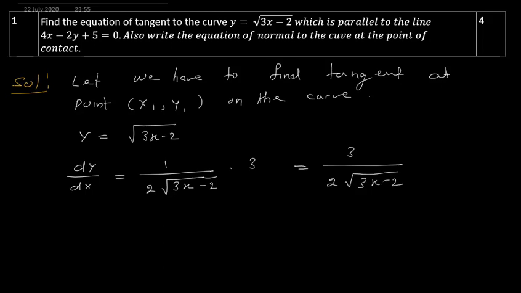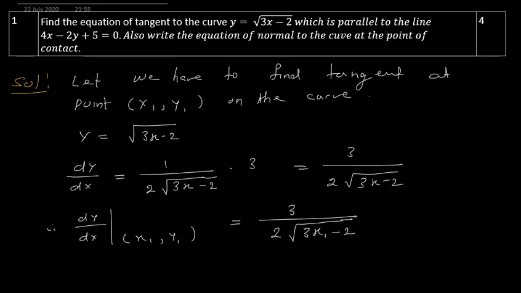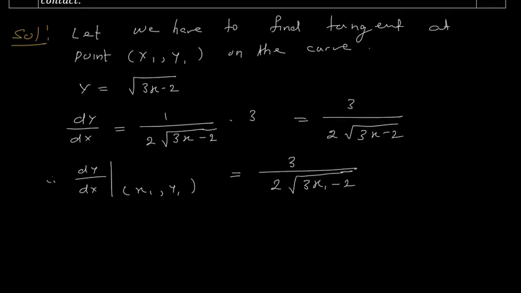Therefore dy upon dx at point x1 comma y1 is 3 upon 2 root, and in place of x we replace x1. Now this dy upon dx represents the slope of tangent.